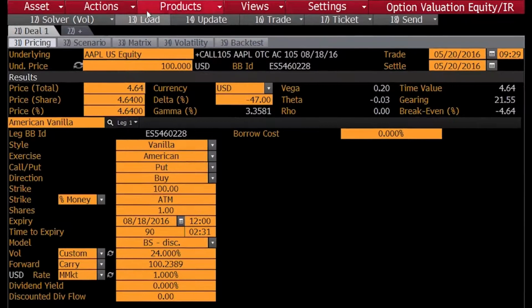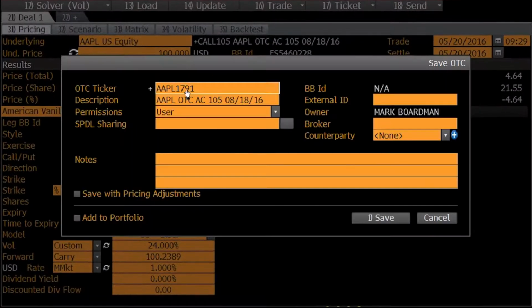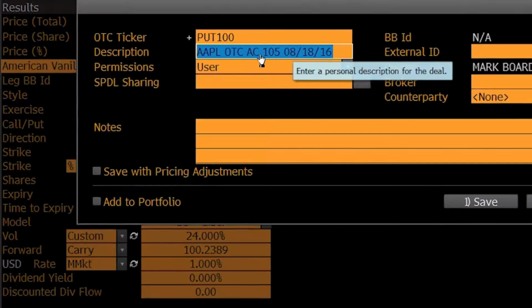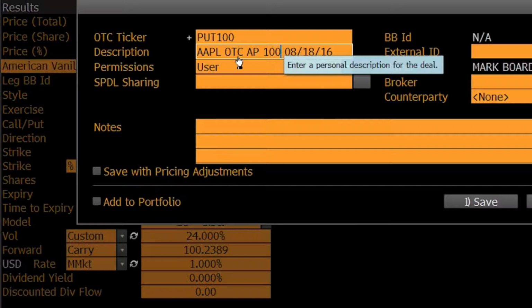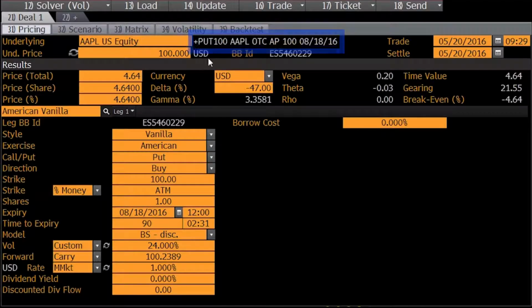So I'm not going to do that. I'm going to say Actions, Save Deal As, and I'm going to give this one a label of Put 100. This is just a description, but I'm going to change it, instead of being AC for American Call, American Put 100. That was just text. I've now created a deal called Plus PUT 100 Equity.